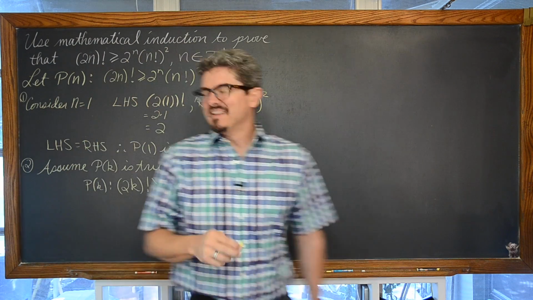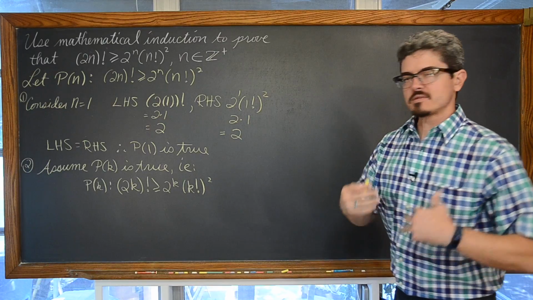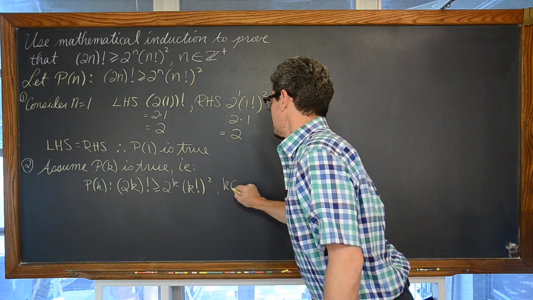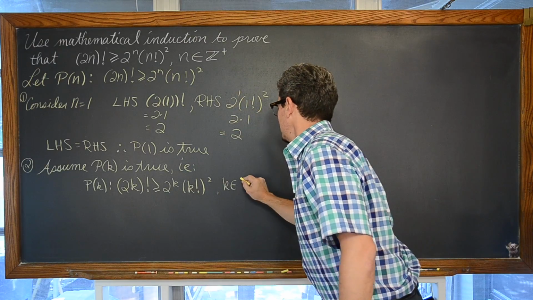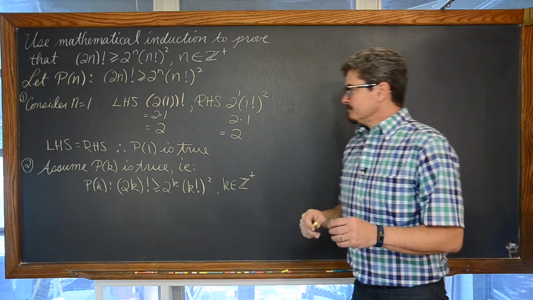Okay. Now, I've just introduced another variable just to make sure this is abundantly clear and precise. k is also going to be an element, like n, in that set of positive integers.